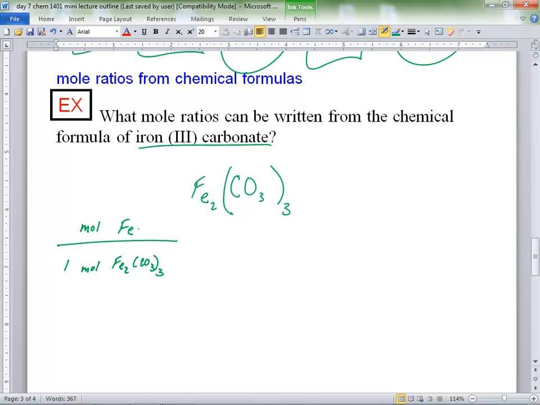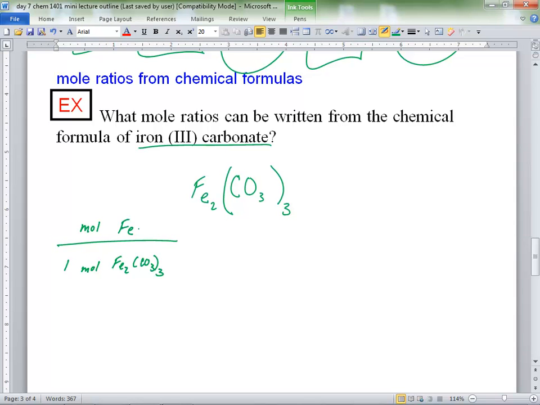Can you see it? Right. Take out the mole and just look at the compound. If I have 1 unit of Fe2(CO3)3, how many units of iron would I have? Where do you got to look? The 2. You got to look at that subscript to get it.